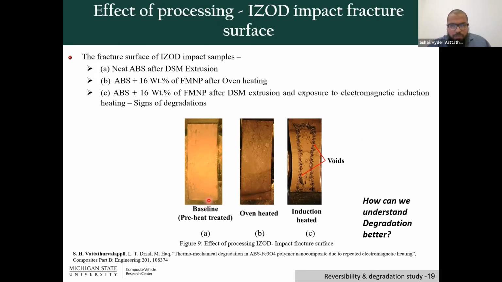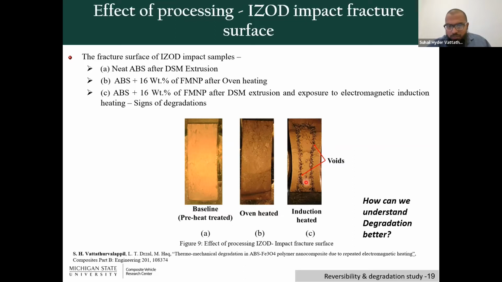cross-sectional view of the baseline that we got immediately after the extrusion process. And here I have the material after the oven heating. You cannot see any sort of degradation over here, but you can clearly see the degradation after the electromagnetic induction heating.